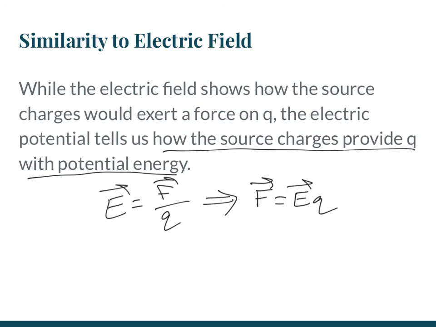But a difference between electric field and electric potential is the type of field. An electric field, say generated by a positive charge, had magnitude and direction. It was a vector field because it was describing the forces on particles. But electric potential doesn't have any direction.